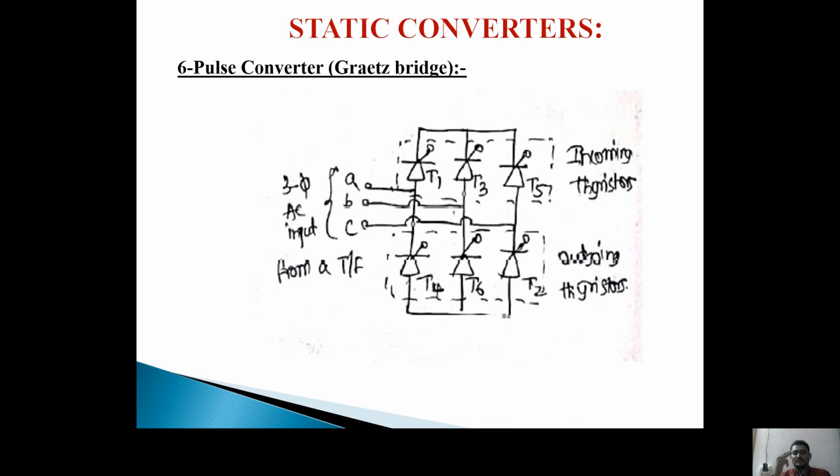Here we have two thyristor groups: the upper commutation group, which consists of the incoming thyristors, and the lower commutation group, which consists of the outgoing thyristors.